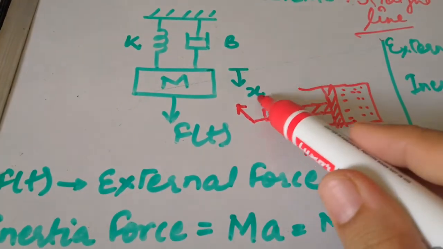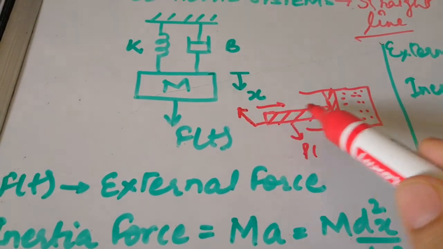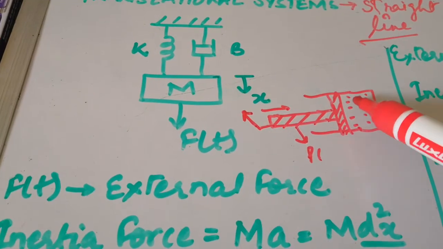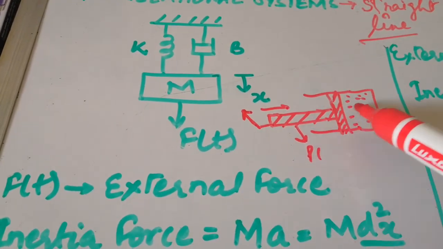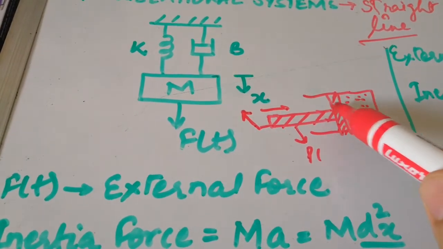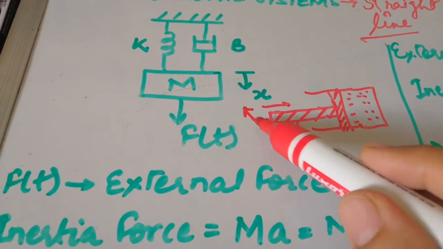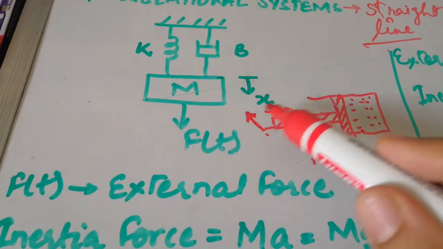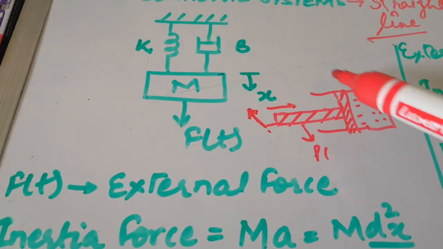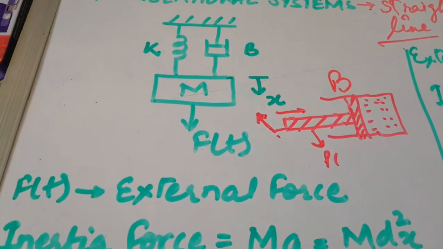Now this piston, when it is going inside, has to act against the force applied by the oil that is filled here. So it has to work against that. When it moves and presses the oil, the motion of the needle will be damped and it will not vibrate much. So this is called the viscous friction constant, given by B.